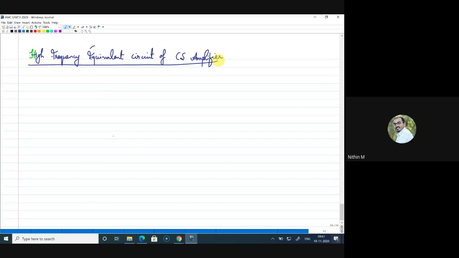What I'm asking is to draw the equivalent circuit, a small signal equivalent circuit, but at high frequency.